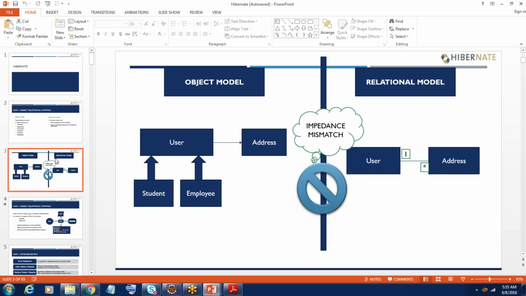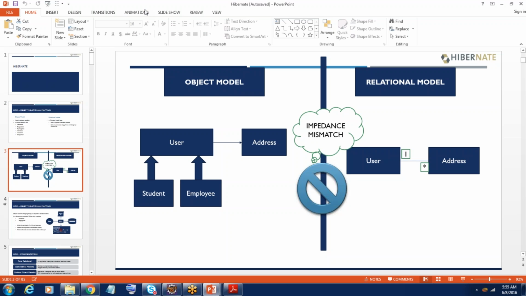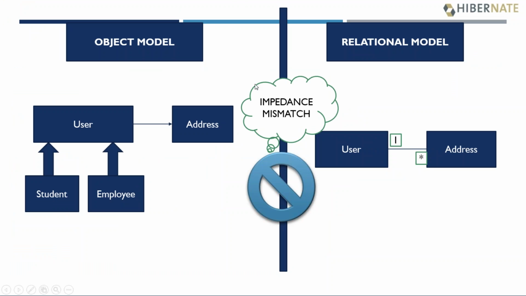So this mismatch between these two models is called impedance mismatch. Over here you have a whole lot of relationships, and over here you have only a primary key and foreign key relationship.